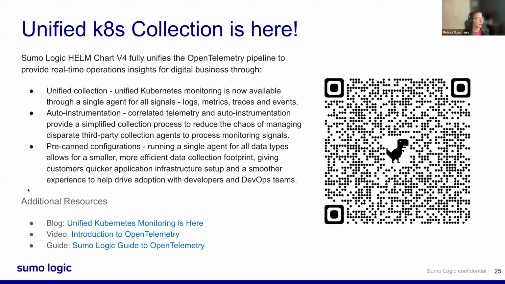It runs a single agent for all data types, allows for a smaller, more efficient data collection footprint, and gives customers quicker application infrastructure setup. And then of course, there's the blog, a video on intro to OTEL, and a guide if people wanted to check out the guide page.